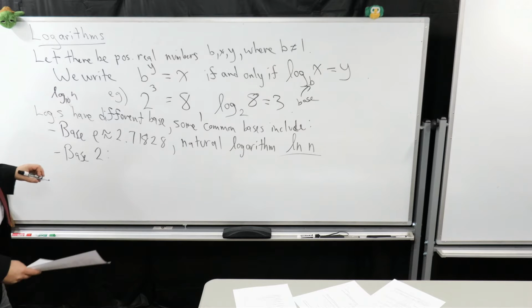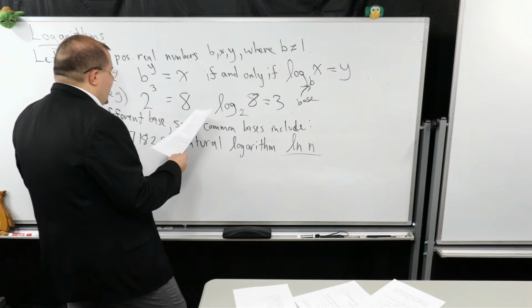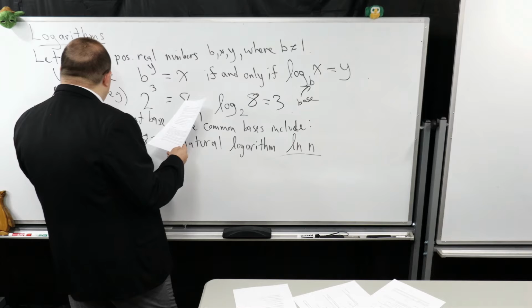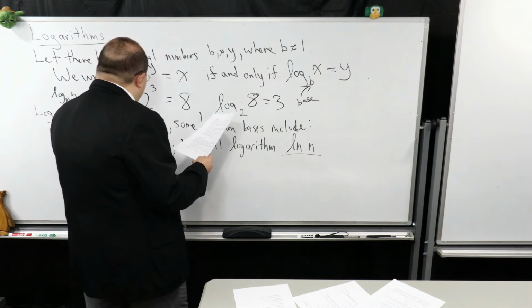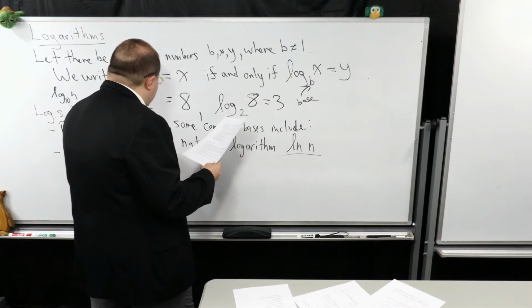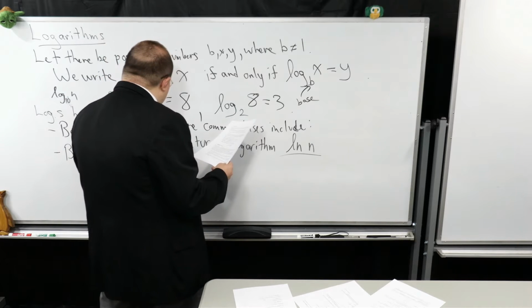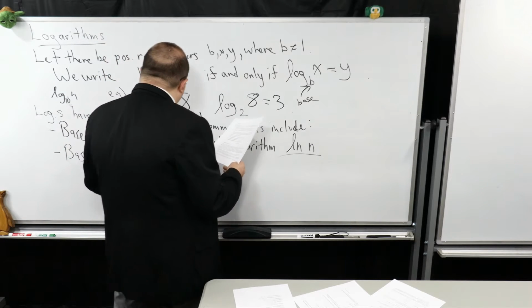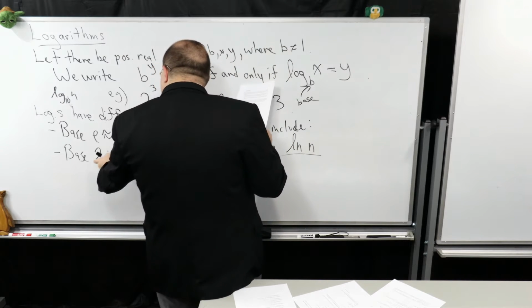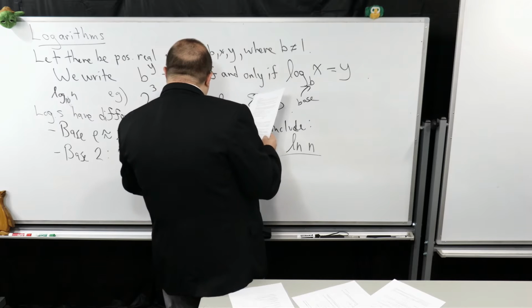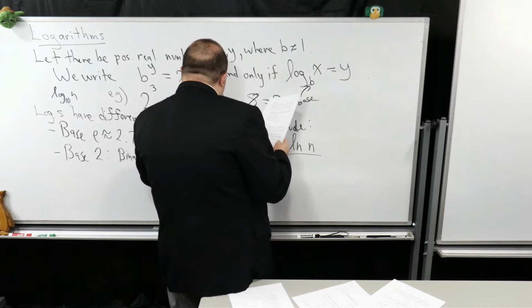But in computer science circles, people tend to assume the binary logarithm. So this is often called the binary logarithm, and I'll say it's common in computer science.